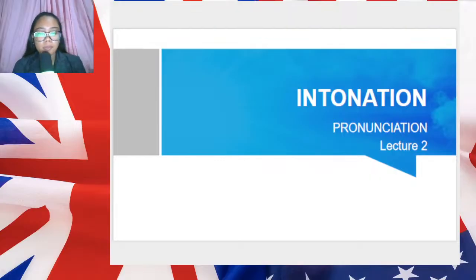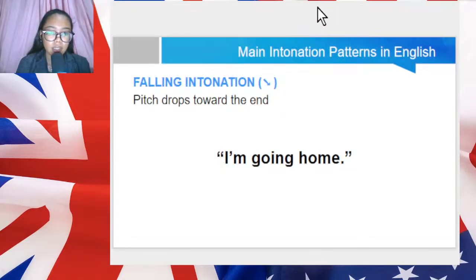The first and perhaps the most common pattern we will discuss is falling intonation. As the slide indicates, with falling intonation, the pitch drops towards the end of a phrase or sentence. Your voice starts at a certain level and then descends on the last stressed syllable.